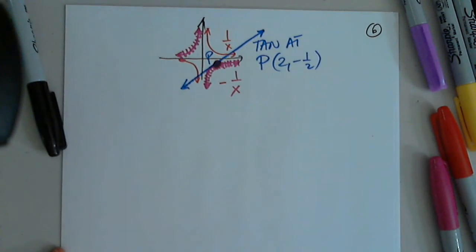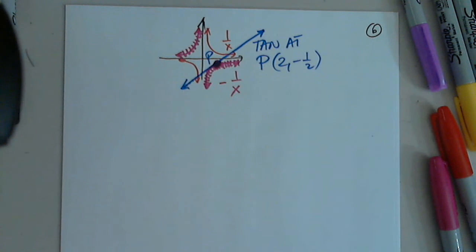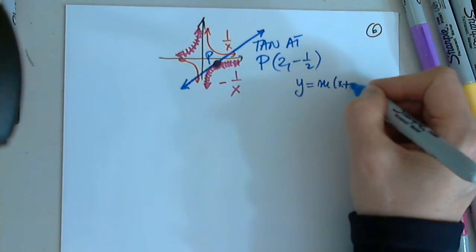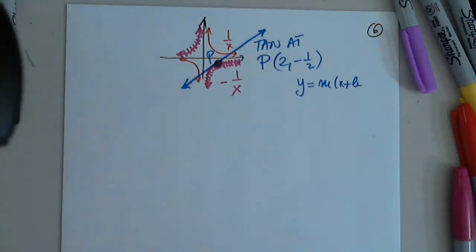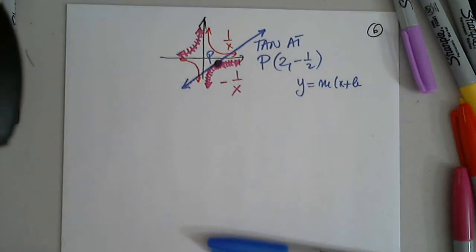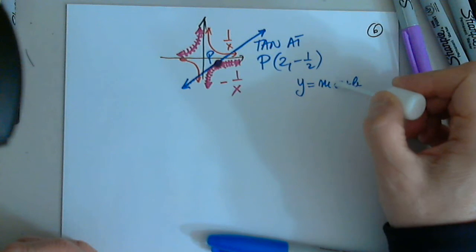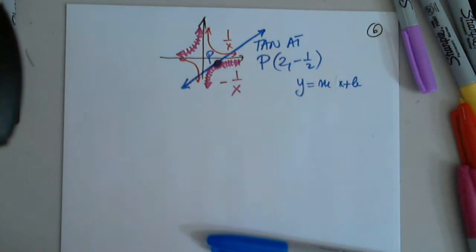Who can give us the equation of the line having the slope and the point? The point slope form, anyone? Y equals mx plus b. That's a perfect one, but it's not what I'm looking for. This is the y-intercept, slope-intercept, or slope y-intercept form.